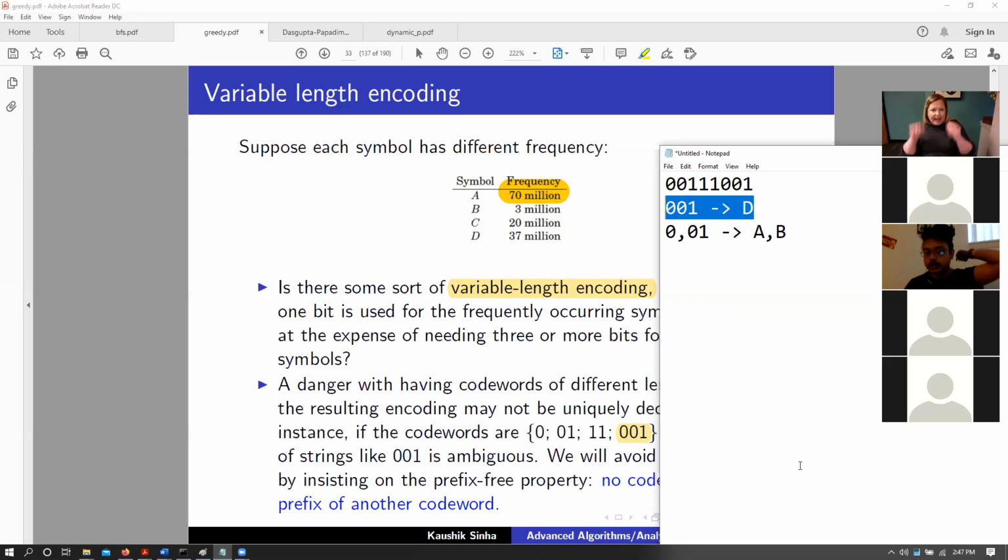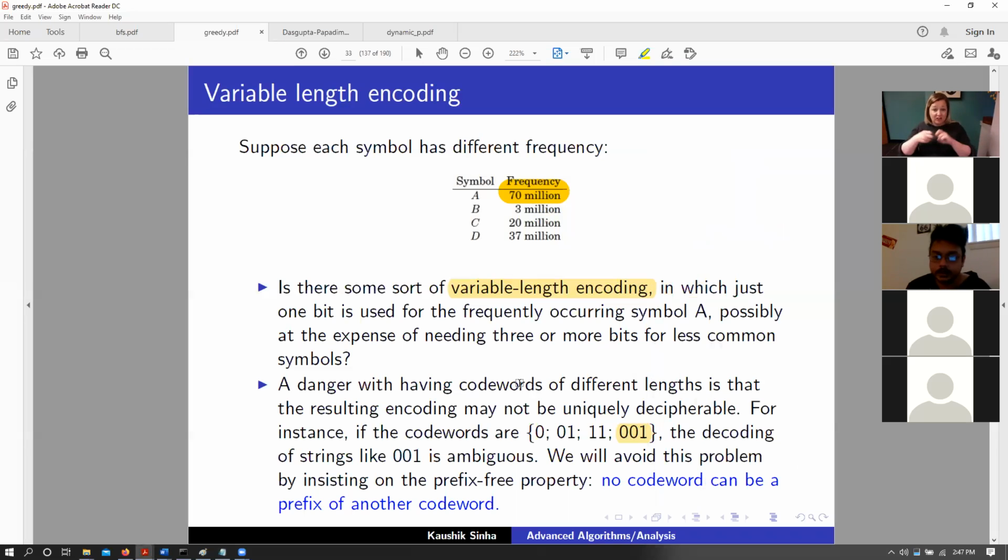So there should not be any issues decoding this thing. As we see, there is an issue because 0, 0, 1 here could be AB, or it could also be D, right? So the main idea behind this encoding is we need to encode it as a prefix-free encoding system where no prefix of a particular note can be similar to another note, right?